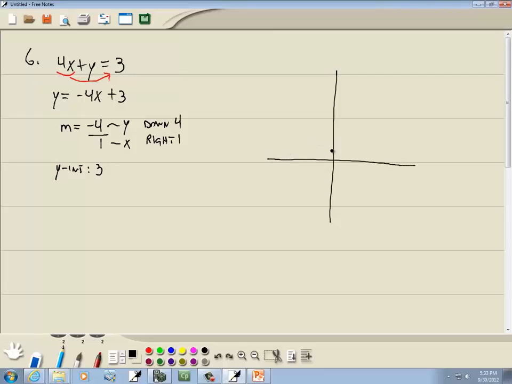So y-intercept of 3. So we're going to put a point at 3. And we're going to go down from there. We're going to go down 4, right 1. So 1, 2, 3, 4, down 4, and right 1. And that's where we'll put our second point. Now after you have your 2 points, you draw a line through them. And that's your graph.